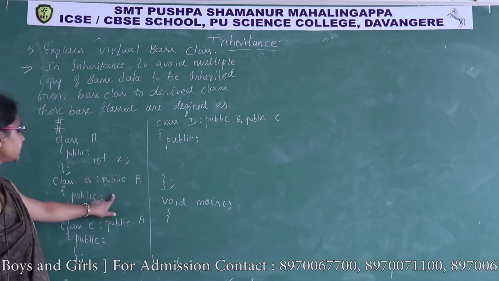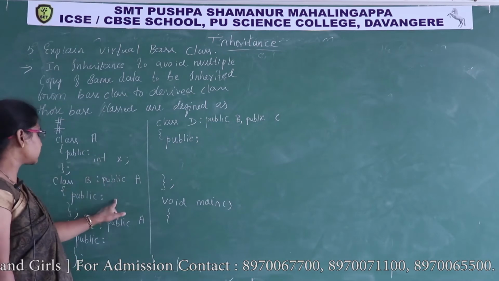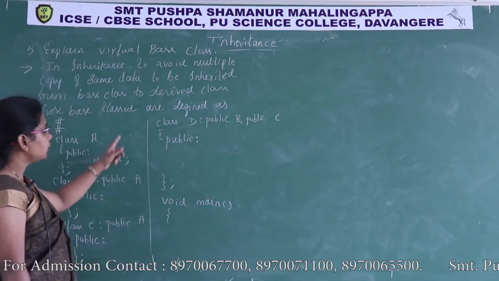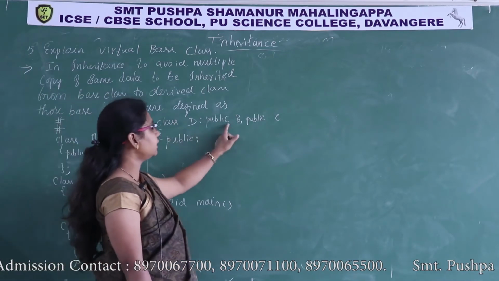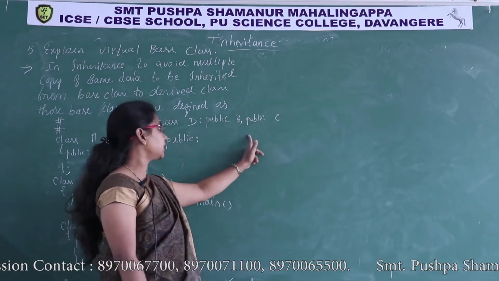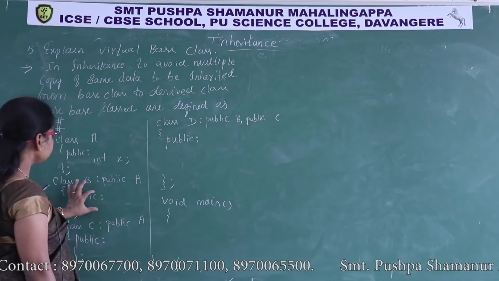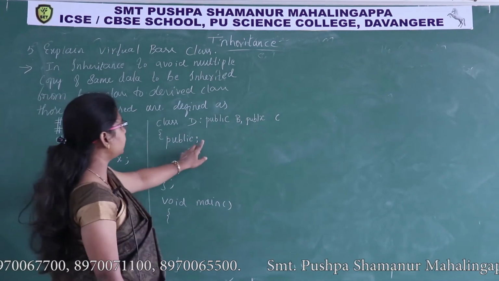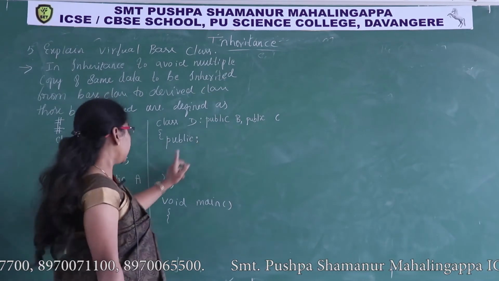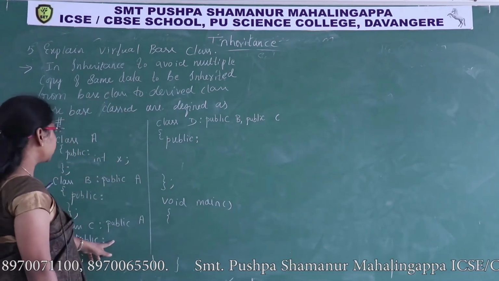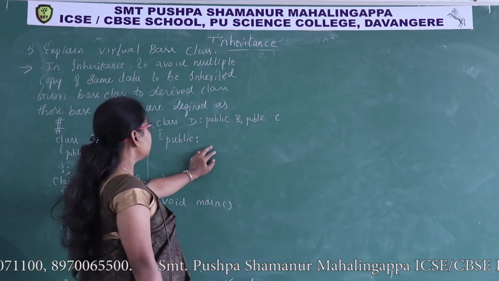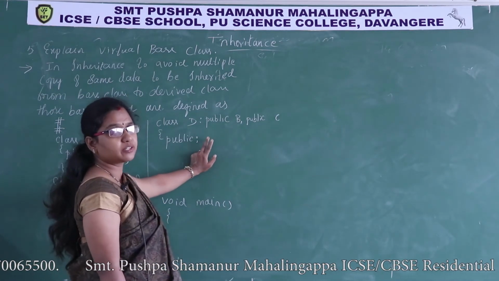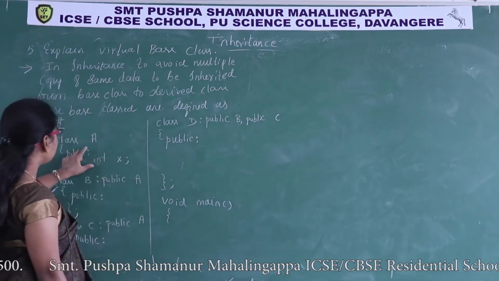Now class D is inherited from class B and class C. Class B's public section has int x, so that would be inherited to class D, and class C also has int x, and that is also inherited to class D. So the class D public section has two sets of the same data, that is class A data.